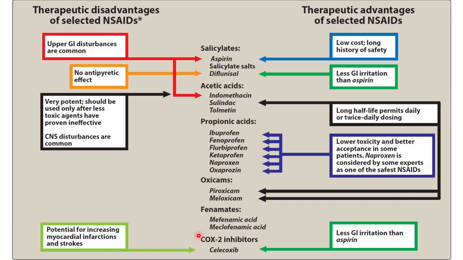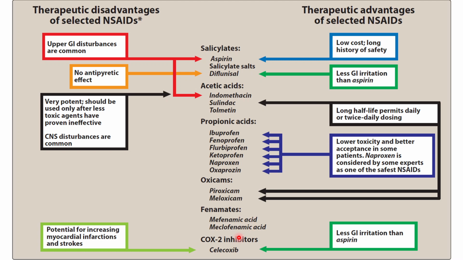And finally, we have the selective cyclooxygenase 2 inhibitors, celecoxib and also diclofenac, and these have less GI adverse effects than aspirin because of the selectivity.